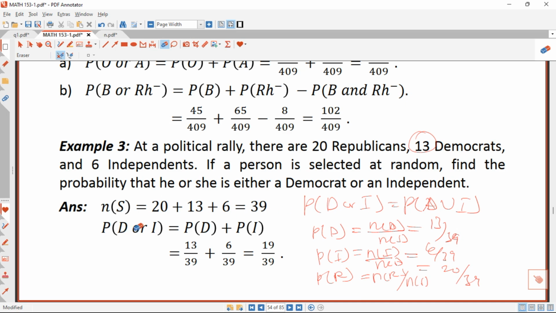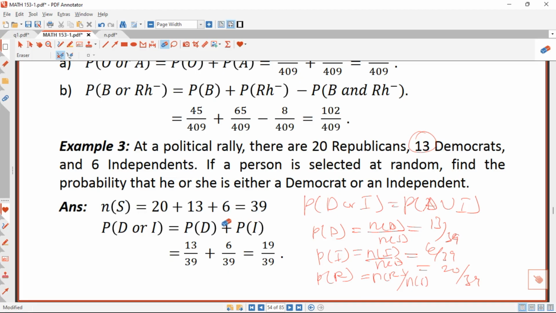Probability of Democrat or independent is given as probability of D plus probability of I. So here the events are mutually exclusive because they are two independent parties standing on themselves. So it's highly unlikely that someone will belong to a Democrat and also belong to an independent, right? So here they are mutually exclusive, right?